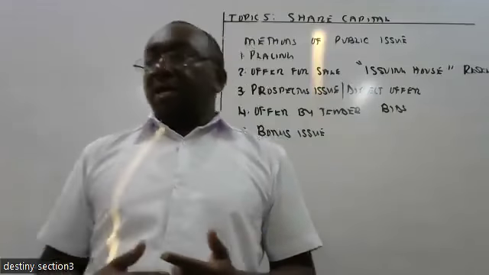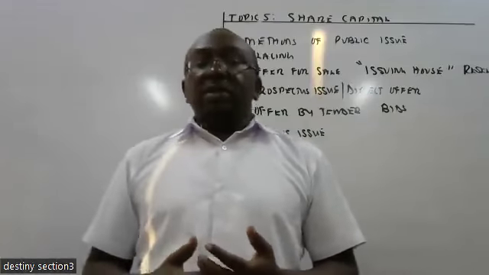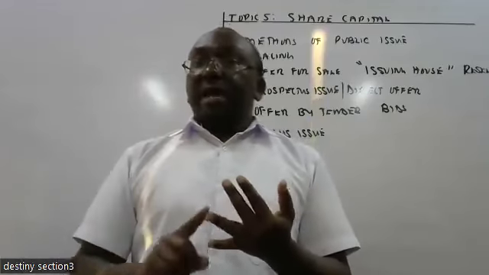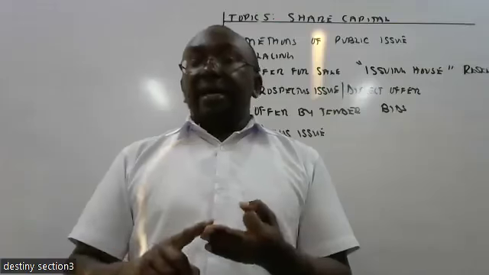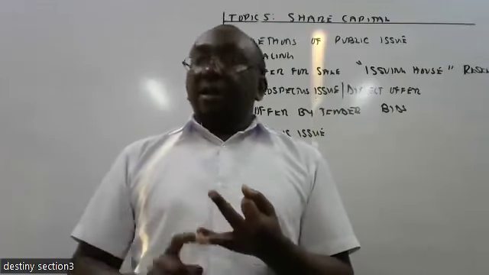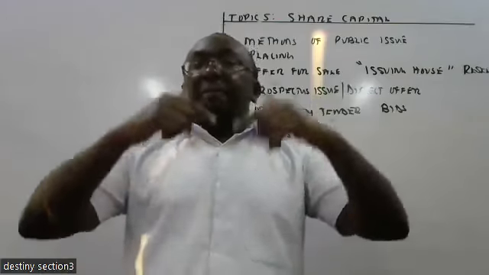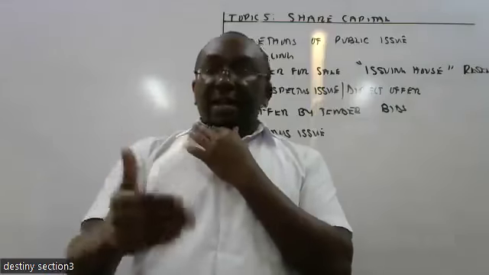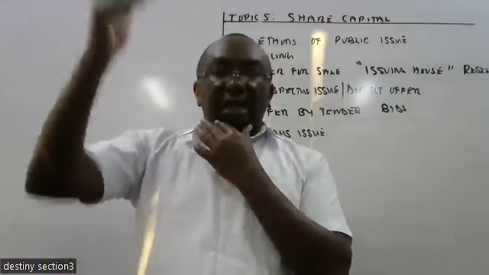The other day when we were talking about how you can sell shares, we said there are 3 prices. You can sell at the market price, you can sell at the premium, you can sell at the discount. And we say discount is already prohibited. Now, premium is where you sell at a price above. Because if you sell at above, at the end of the day, you will exceed the nominal authorized.